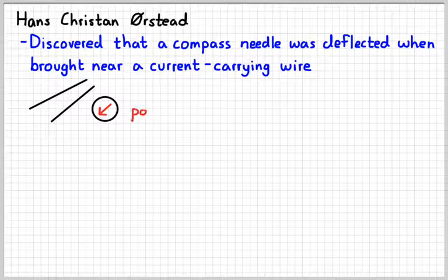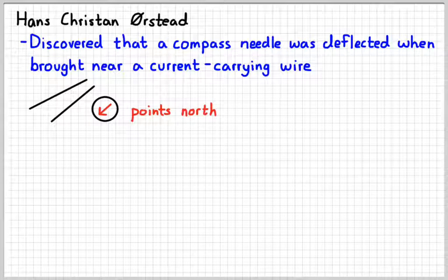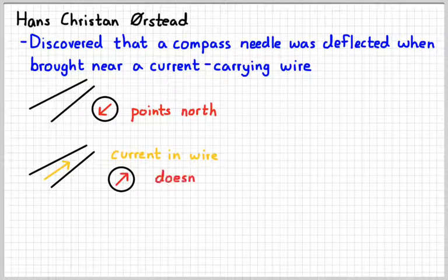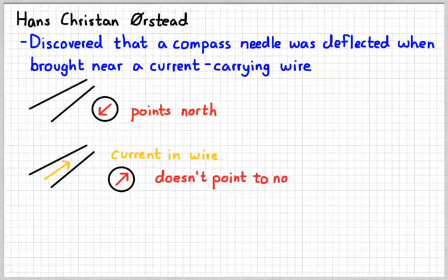Here's how the experiment worked. He took a wire, which I'm going to draw going into the page, three-dimensional drawing, I know, and the compass, when you lay it next to that wire, still points to the north. But when you run a current through that same wire, the compass needle gets deflected in some other direction.